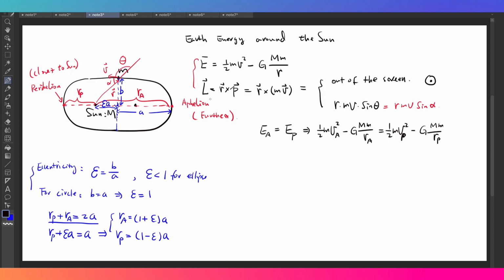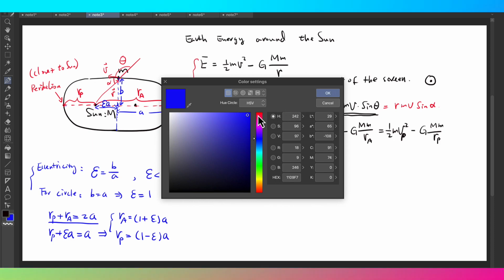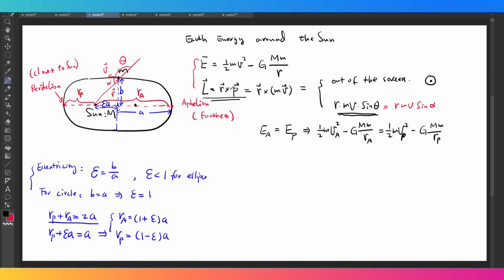Now, the second equation is about the angular momentum conservation, right? And I haven't finished when I talk about this the general magnitude of the angular momentum. So if I look at these two points, perihelion and aphelion, let's draw the velocity.